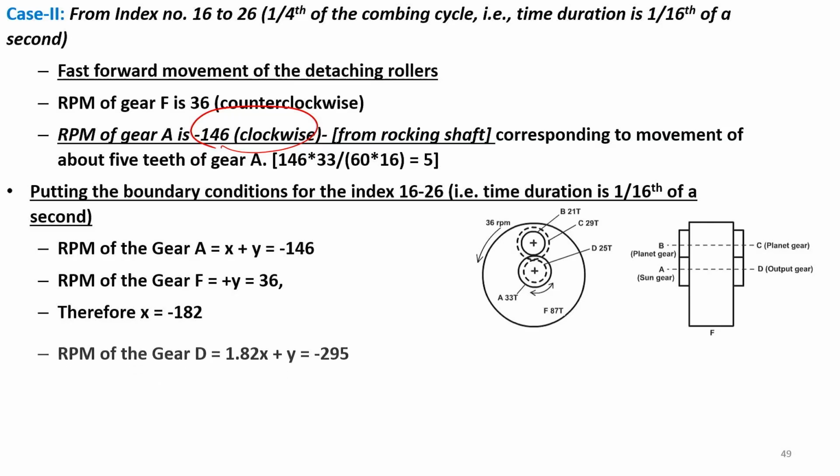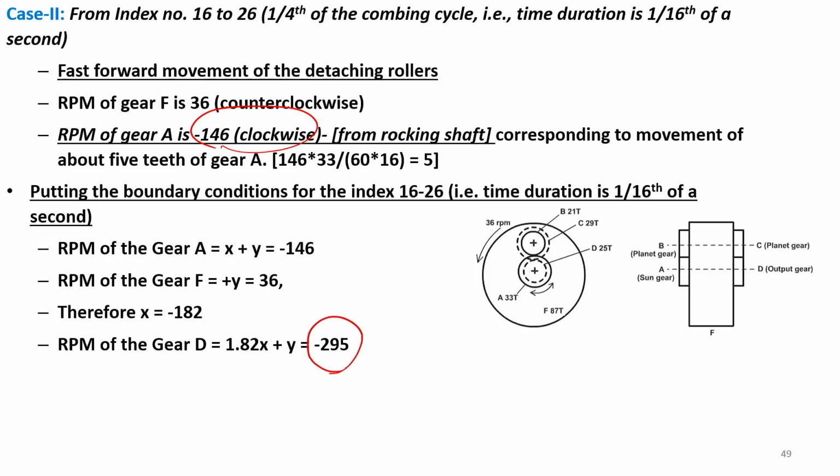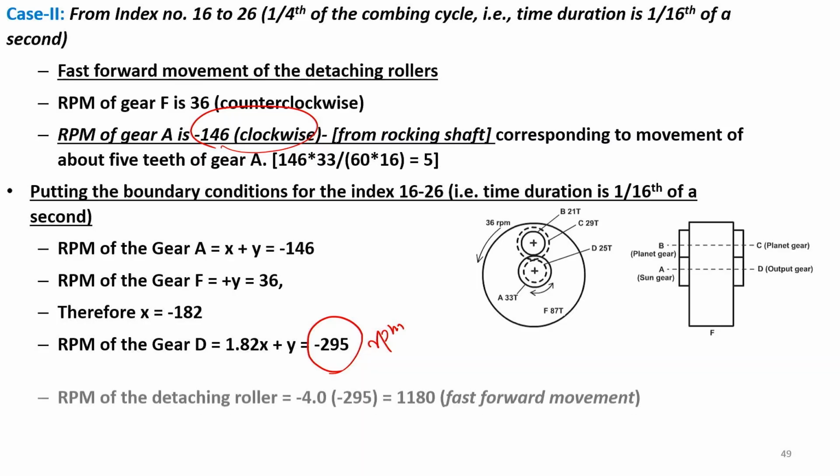And from there we can calculate the RPM of gear D, which is the output of the epicyclic gear, minus 295 RPM, and from there we can calculate the RPM of the detaching roller.